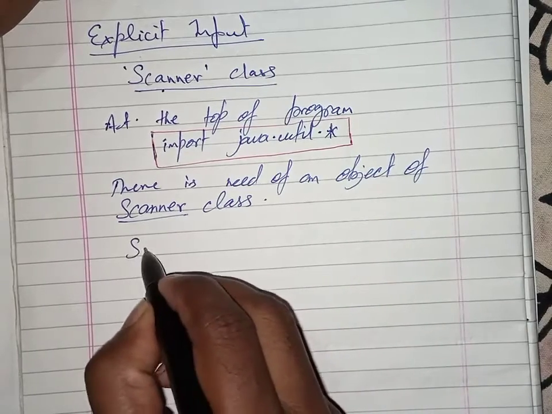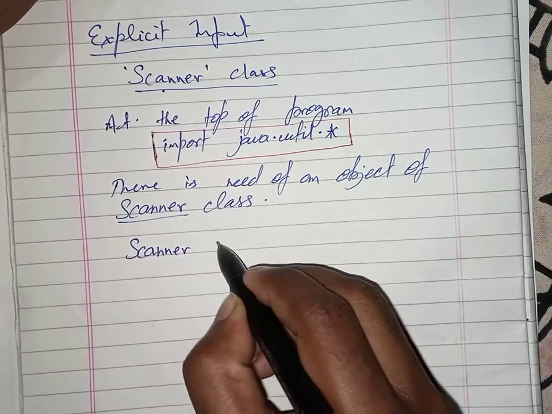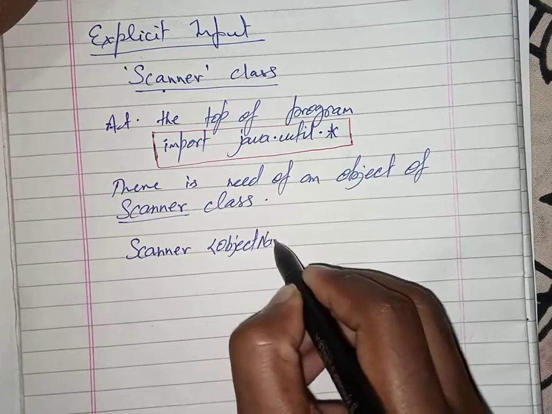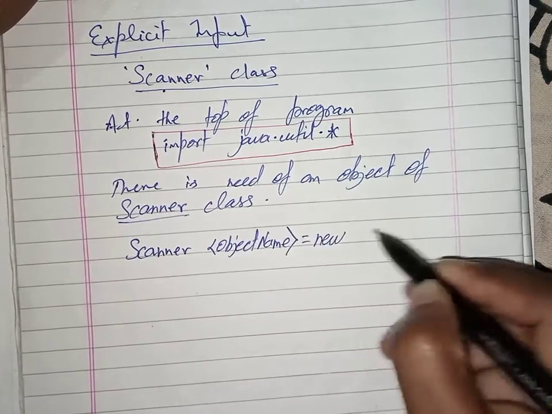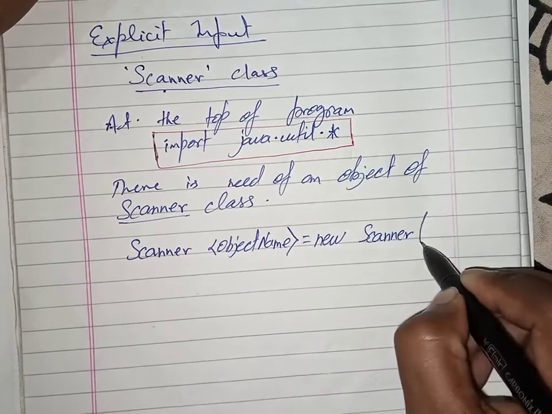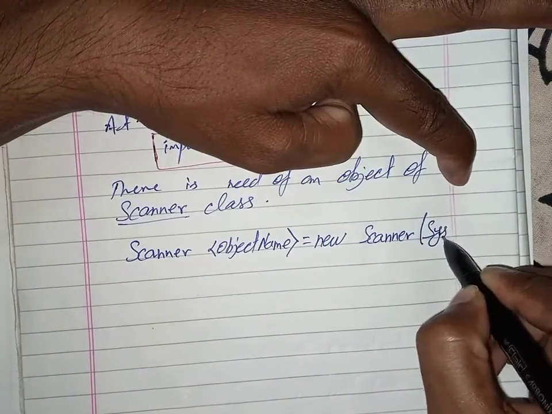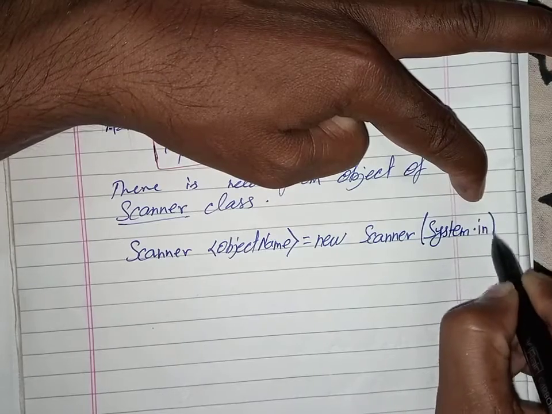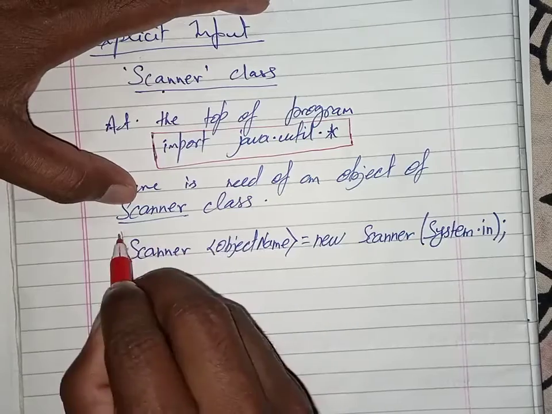Like this: Scanner, then here the object name, is equal to new Scanner within bracket System.in.